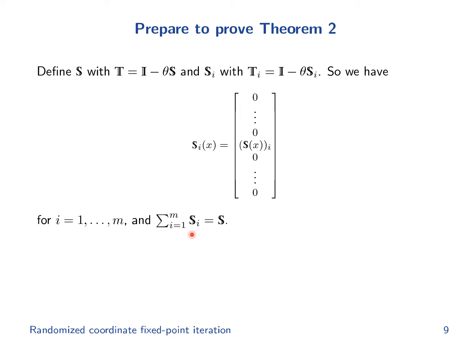Therefore, the sum of the Si operators is S. Note that both S and all Si's map from Rn to Rn. Using this notation, we can express the random coordinate fixed point update as xk plus 1 equals xk minus theta times Sik applied to xk.